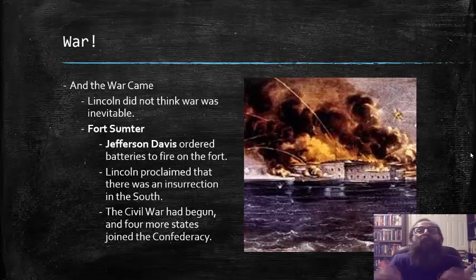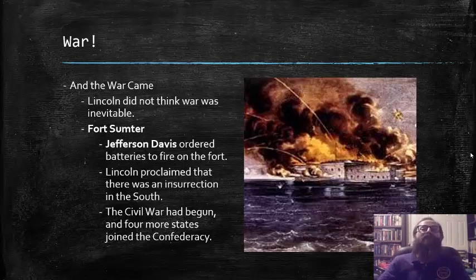Well, Lincoln ignored those warnings from Davis, sent those resupply ships in there anyway, and as a result, Jefferson Davis ordered batteries of cannon on the Charleston harbor to fire on the fort.